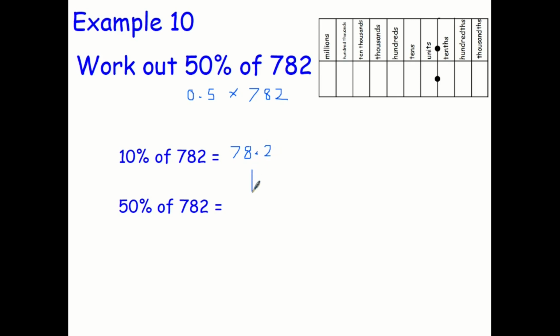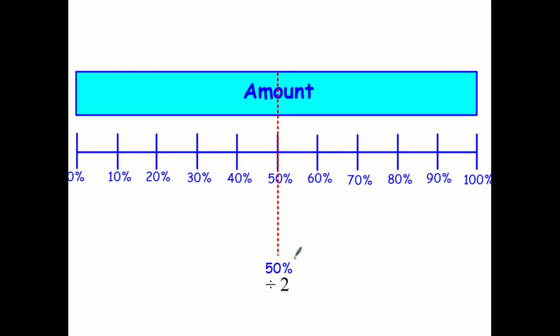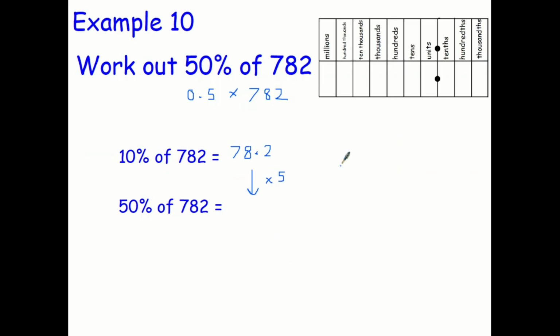And then you could times it by 5, but hopefully you have seen that instead of doing it like this, you can think about it as just halving it, okay? Because finding 50% is the same as halving a number, so you can just do half of this number, 782 divided by 2. So your final answer there is 391.